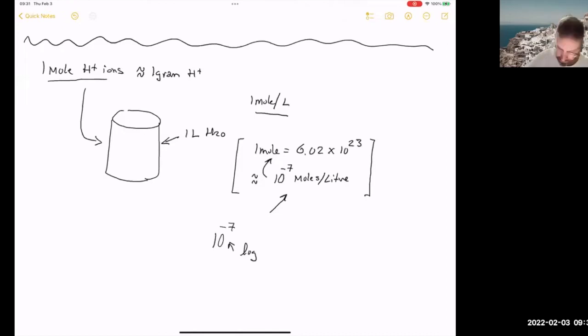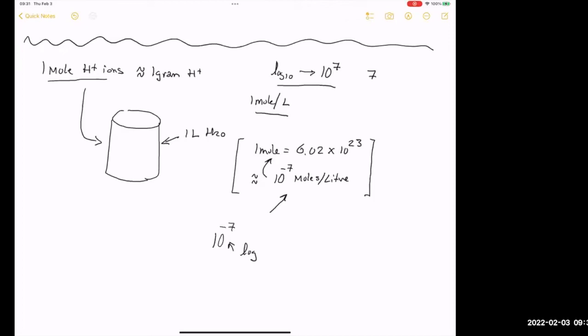So for example, if I take the logarithm base 10 of 10 to the 7, taking the log of something is just asking how many multiples of 10 are there? So the log base 10 of 10 to the 7 would just be 7, because there are 7 10s in there. Does that make sense?